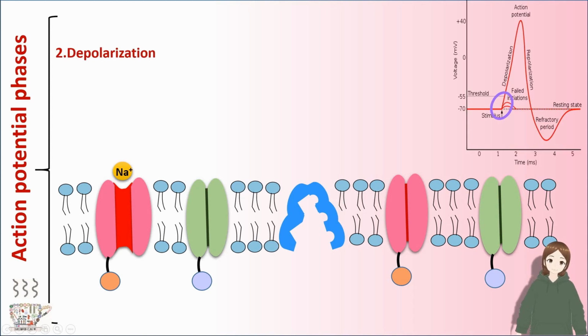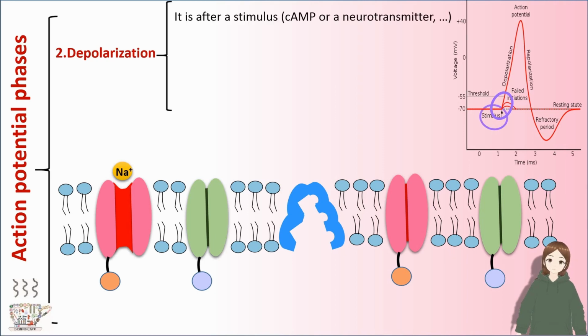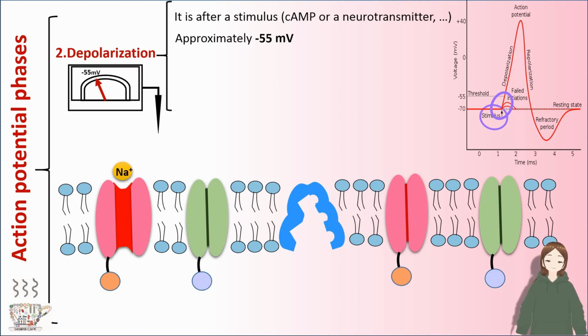The second phase is depolarization. It is after a stimulus such as cAMP or a neurotransmitter. The voltage is approximately -55 millivolt.